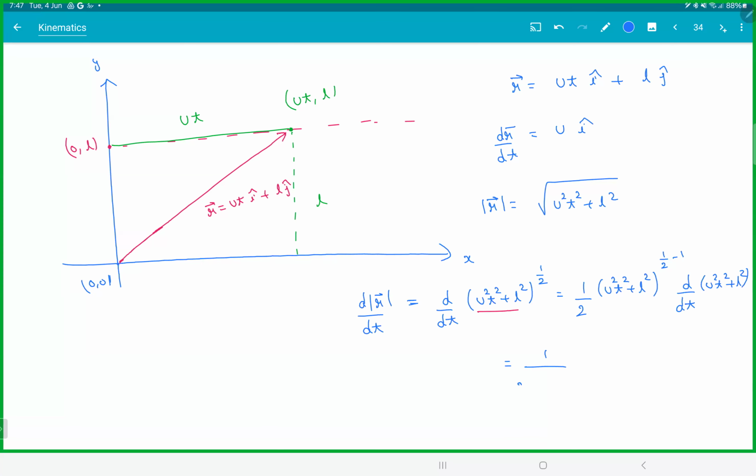This turns out to be 1 by 2 root over u square t square plus L square, and then differentiating that, you end up with 2u square t. So the answer is u square t by root over u square t square plus L square. This is d mod r by dt.